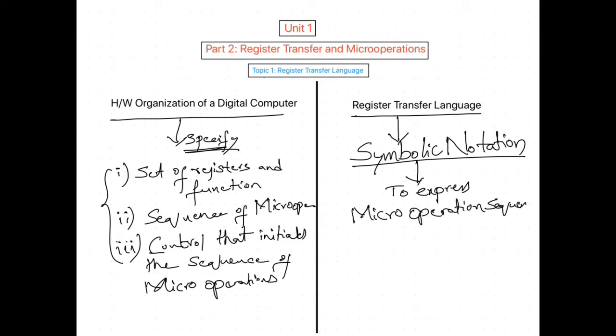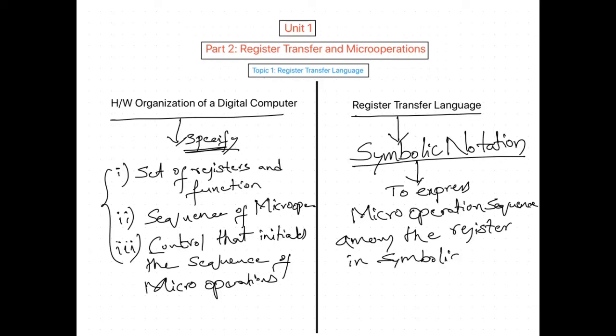This micro operation sequence is performed on data, and this data is in registers. So it is a symbolic notation to express micro operation sequences among the registers. Why among the registers? Because registers store the data, and on the data only we perform micro operation sequences. That's why I am mentioning among the registers in symbolic form.